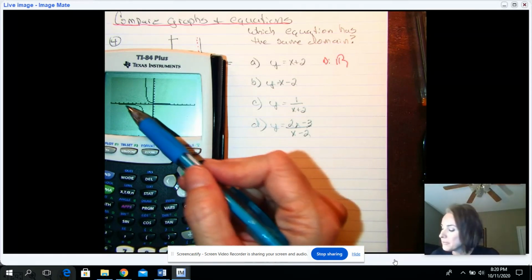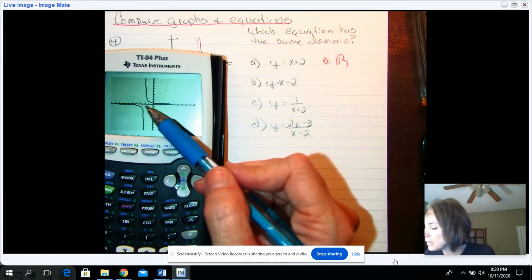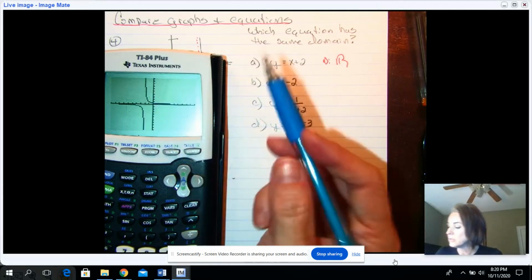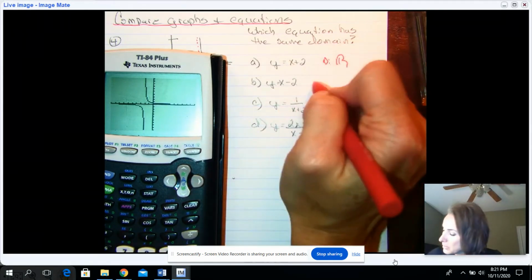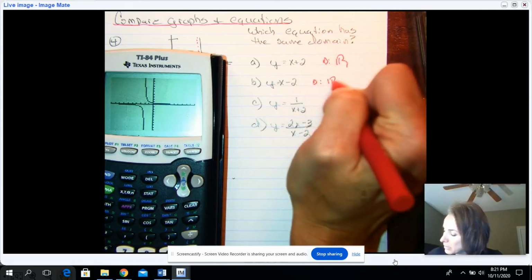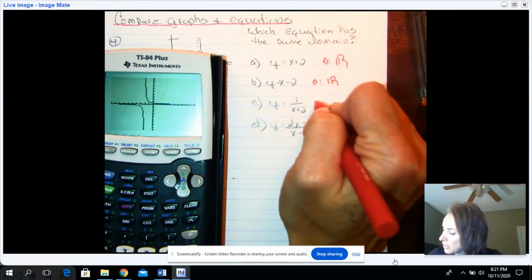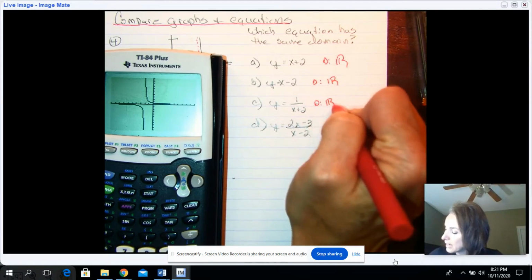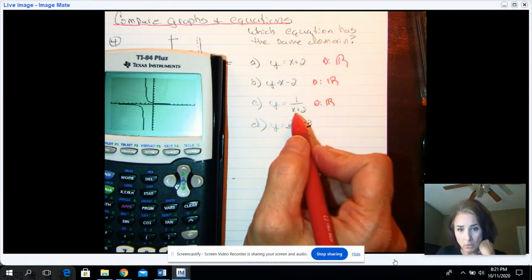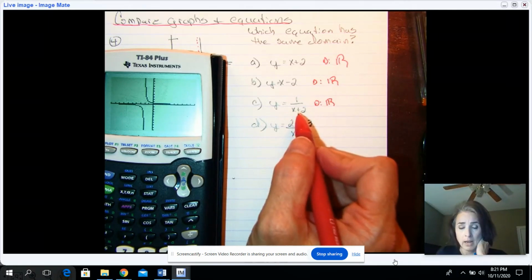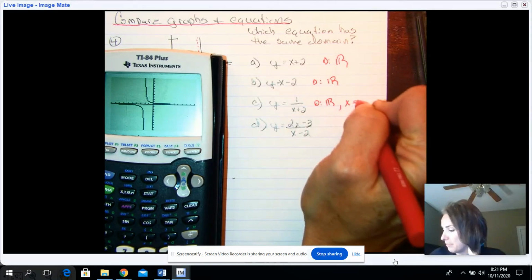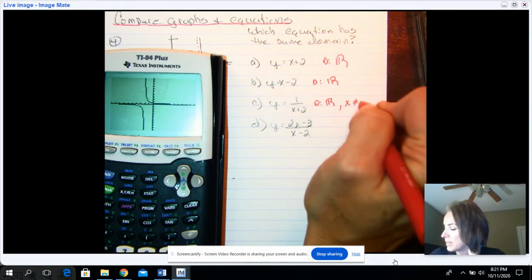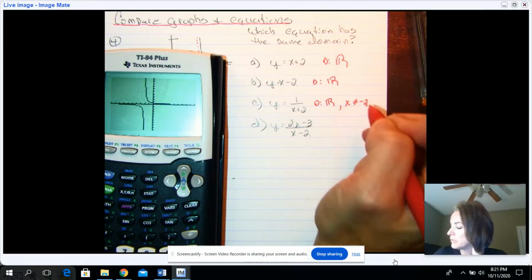This graph gets really, really close to -2 but never touches it. The domain is all reals, except, and we've talked about this before, what's going to give you 0 down there? What's going to give you 0 down there is when x equals -2. So x can be any number except for -2.